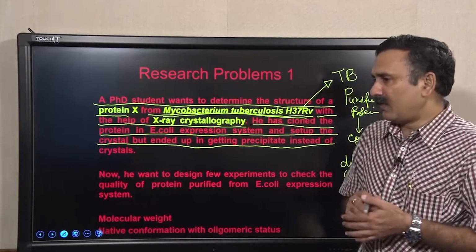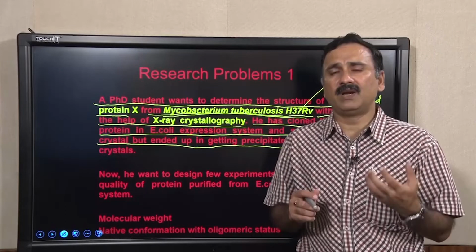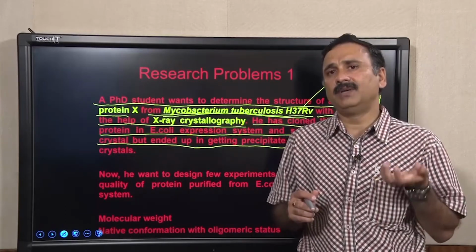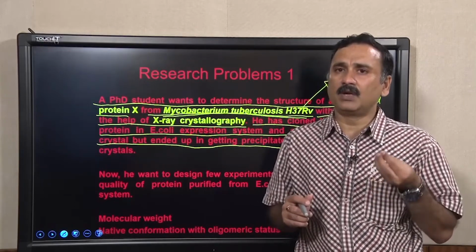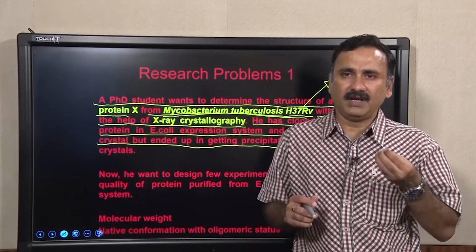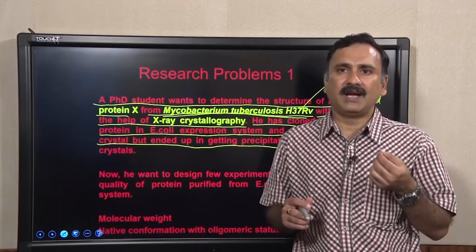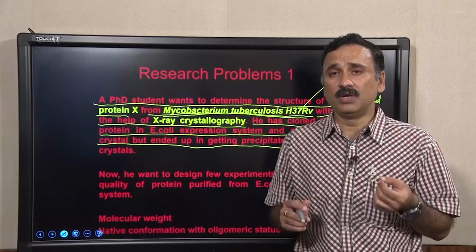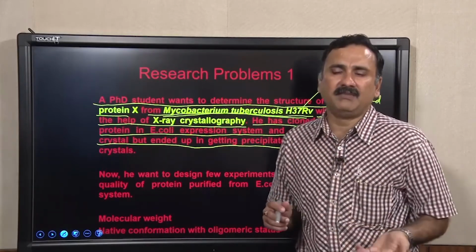Now, the first thing he wants to ask is whether the protein he has purified from E. coli is good enough, whether it is in good native conditions, and whether the quality of the protein is good, so that he can then verify the other parameters.